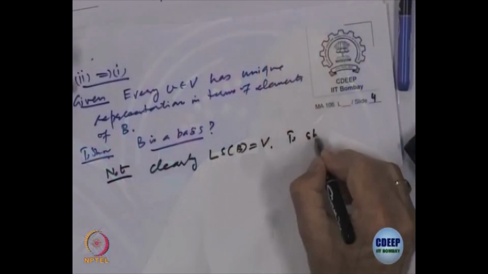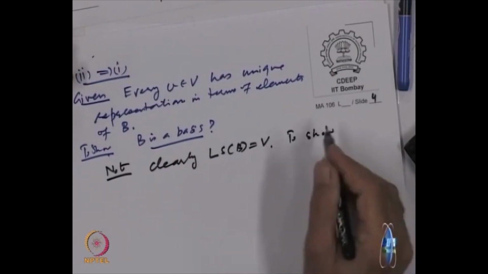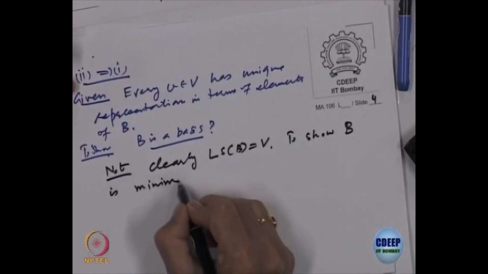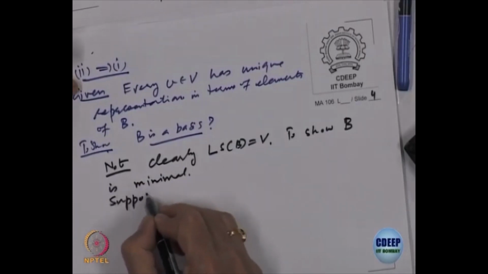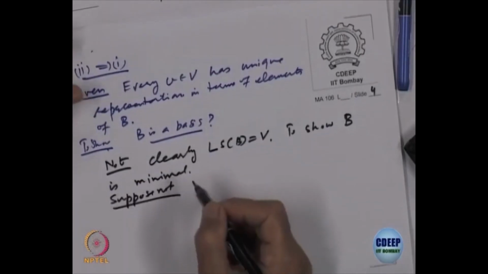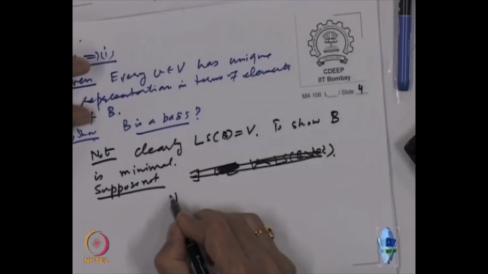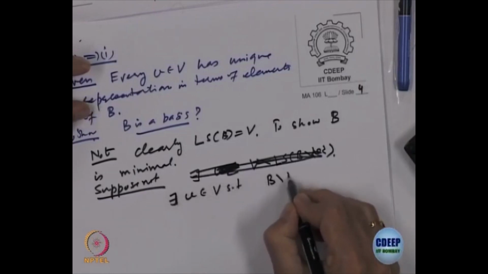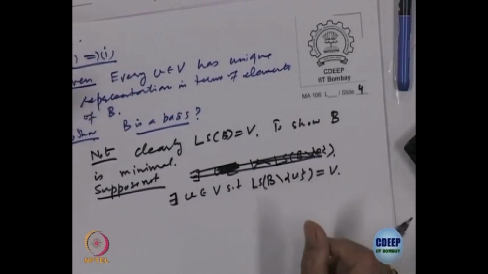To show it is a basis, I have to show it is minimal, to show B is minimal. Suppose not, that means what? There exists a V belonging to B such that if from B I remove V and take the linear span, that is equal to V, right.